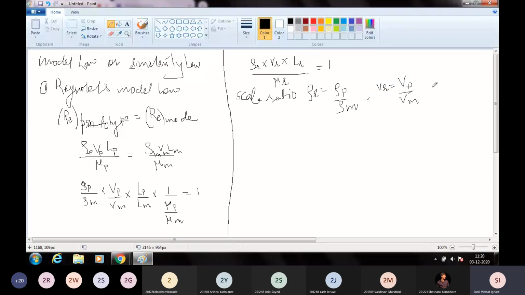In the same way, LR is LP divided by LM. Then mu R is mu P divided by mu M. These are the scale ratios.